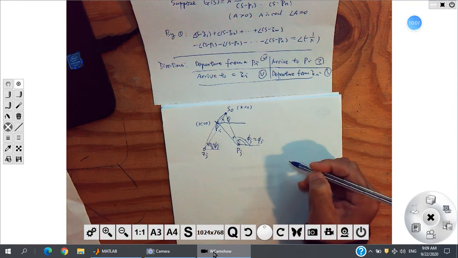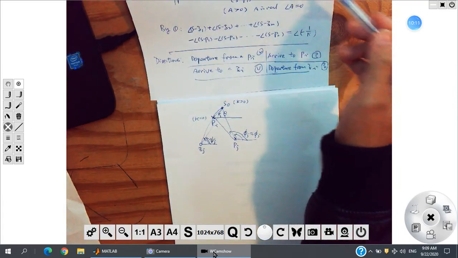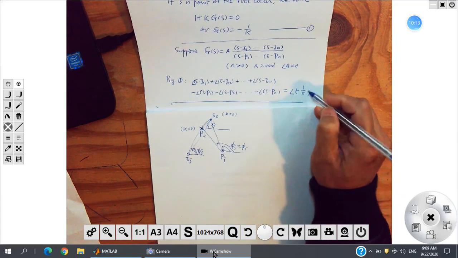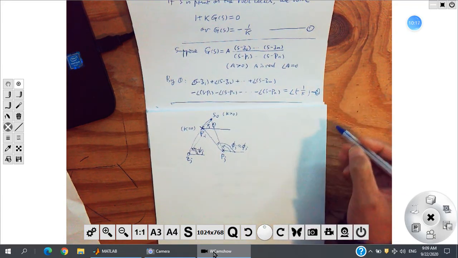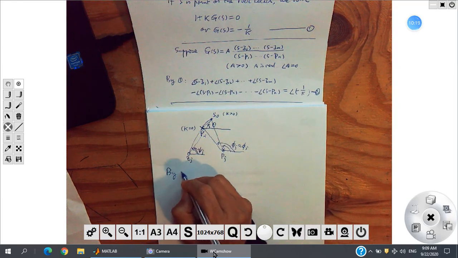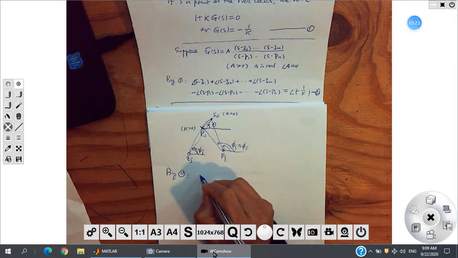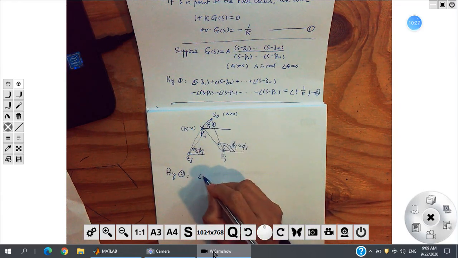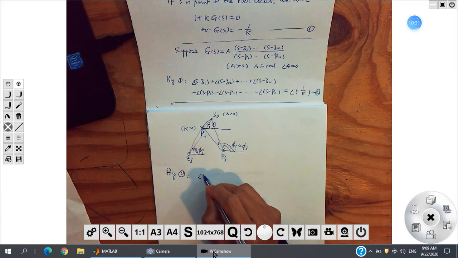Okay, now we have the formula. I call this equation 2, and I rewrite it. We have the angle of S0, theta, phi i, phi j, and do the summation.